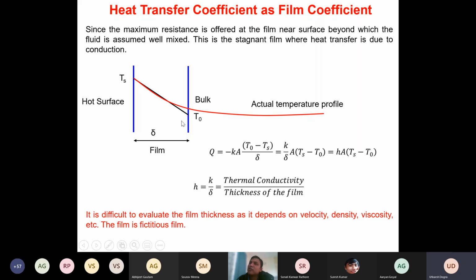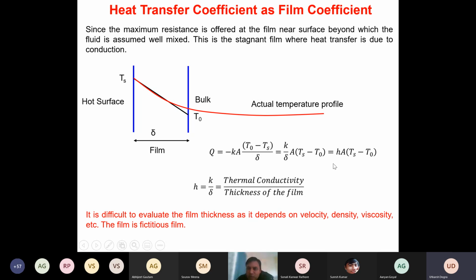If we are assuming that this is what is happening, then we can apply Fourier's law of heat conduction here, isn't it? And Fourier's law gives the rate of heat transfer Q as minus k A delta T. What will be the delta T? Ts minus T naught, where T naught is the bulk temperature, Ts is the surface temperature, divided by delta. Delta is the film thickness.